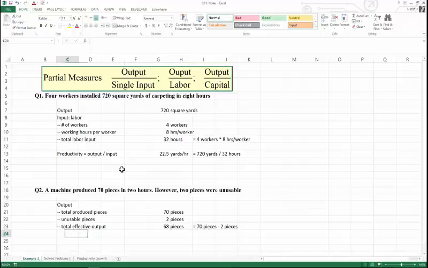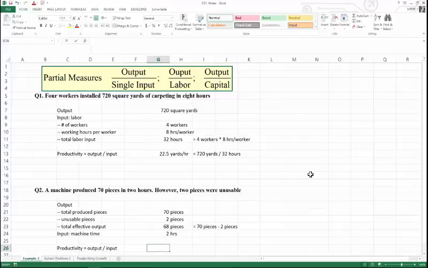Now for input, we know it is simple. It's just the machine time, which is straightforward. So it's 2 hours. Now we are ready. We have the output and input. We are ready for the productivity calculation. We know it is output over input.